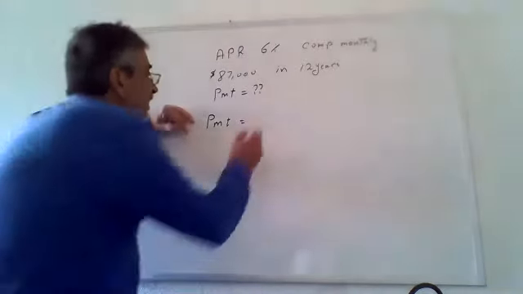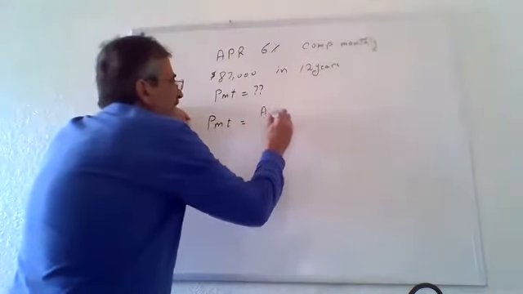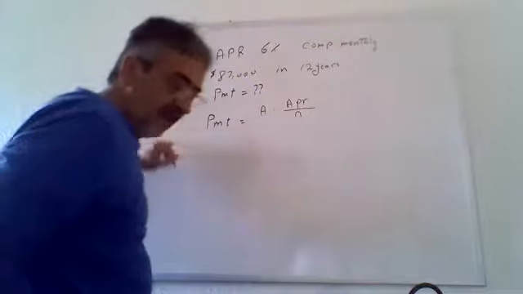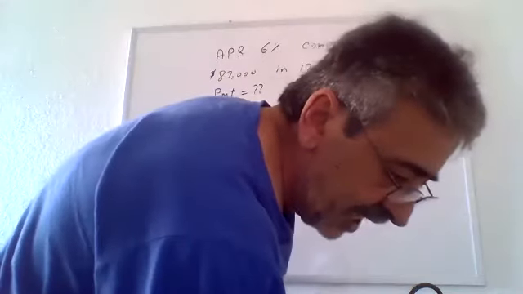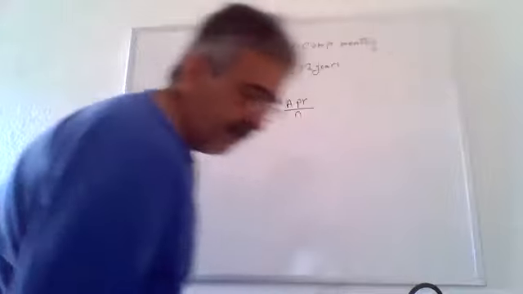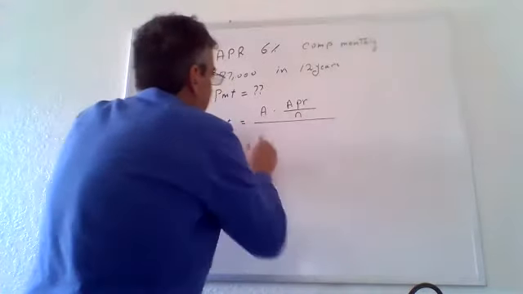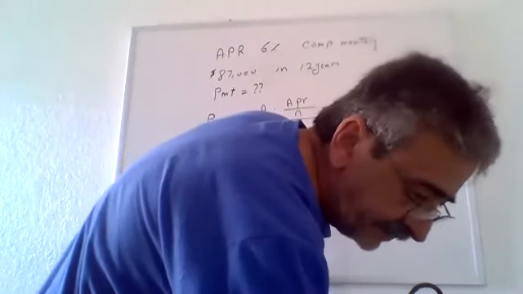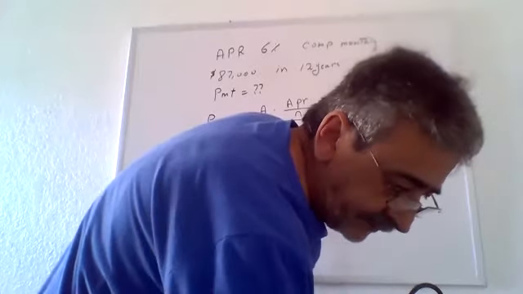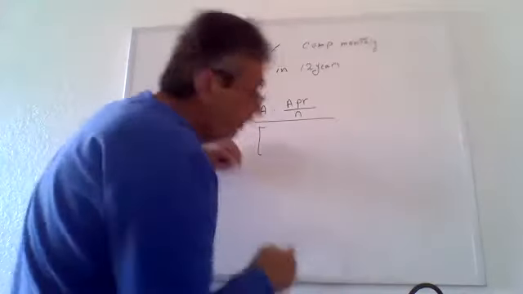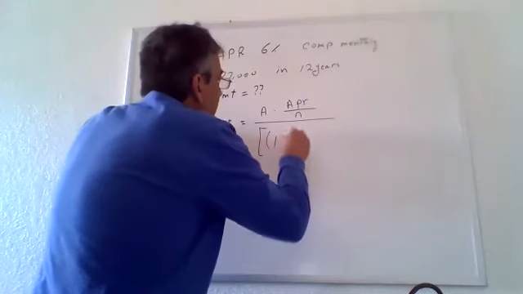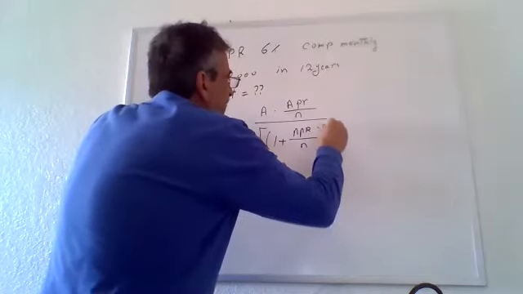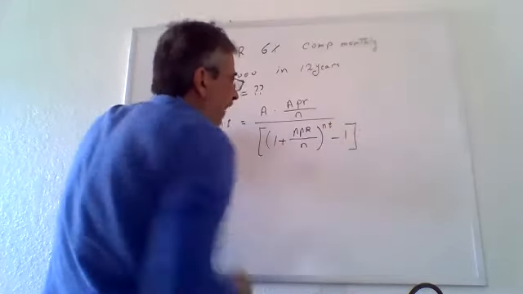In this case, it is A times the APR over N, I'm trying to use exactly the same notation as the book, divided by parentheses, 1 plus APR over N, the power NT, minus 1.